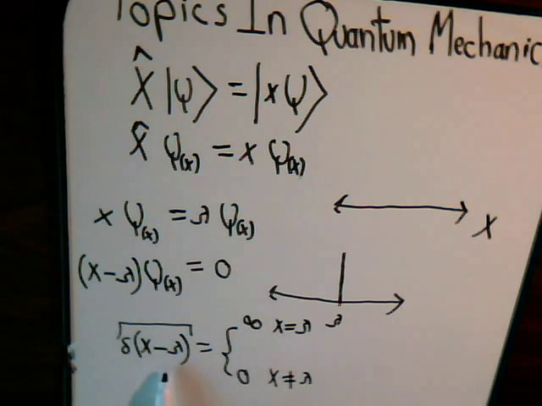When we define the Dirac delta function, we don't say lambda has to be between 5 and 13, or lambda can never be anything other than a whole integer. No, there's no restrictions put on it whatsoever. So its eigenvalues are really continuous, and its eigenfunctions are this strange function here.